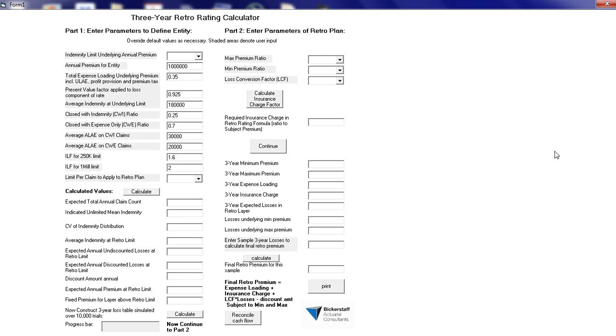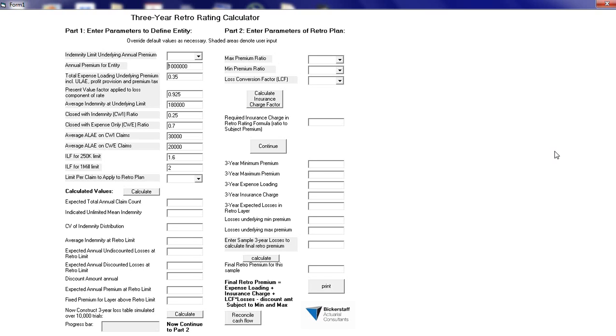Again, it's been around a while, and it first came into being in workers' compensation, and it's still extensively used in workers' comp, but in certain situations it's also used for liability lines.